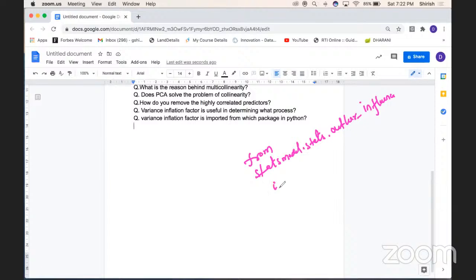From this, you are importing variance_inflation_factor. The statsmodels package has a particular function for calculating variance inflation factor.